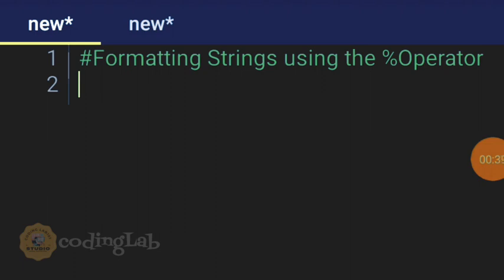We were only able to concatenate two strings, and we are unable to concatenate an integer with a string. This formatting will help us to concatenate string, integer, and float together.